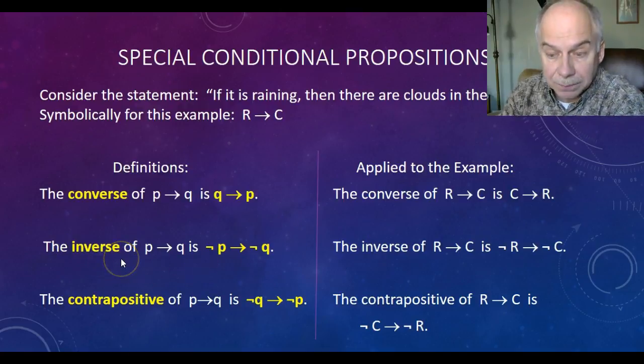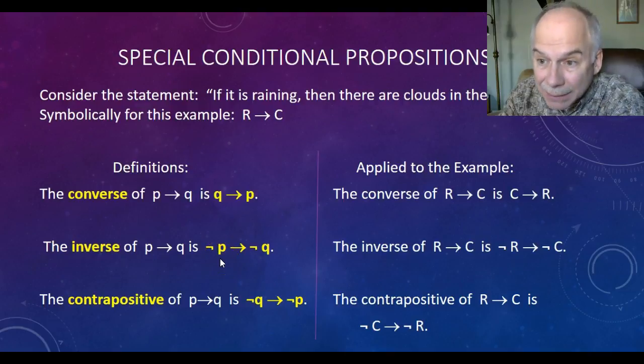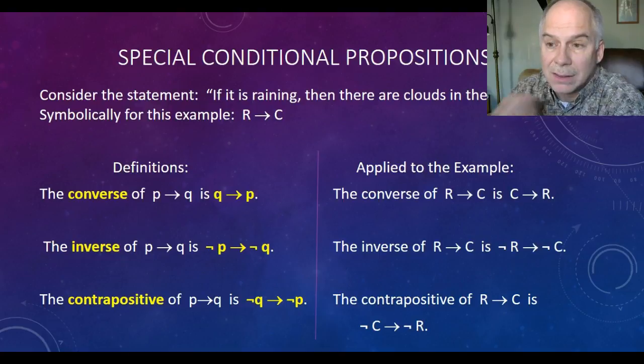For the inverse of if P, then Q, it is if not P, then not Q. So not having P true implies not having Q true.